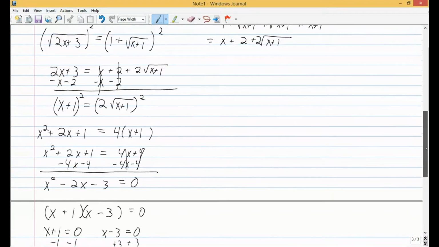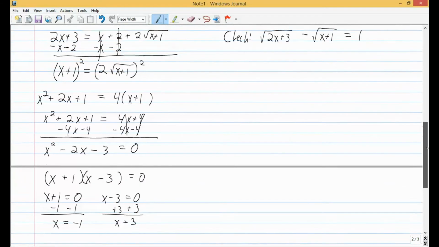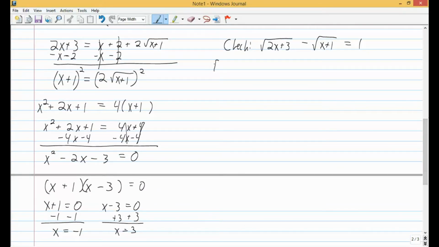So I have to go back to where I started originally, up here where I have the problem written down. I'm going to write it down again here. And I need to plug in each answer separately and see if it's going to check out. So I'm going to try first for x equals negative 1.